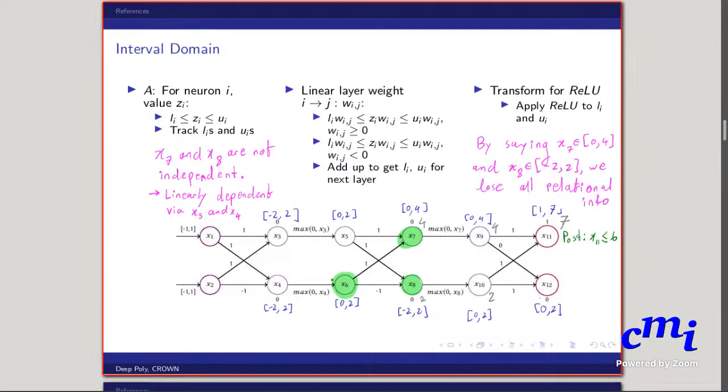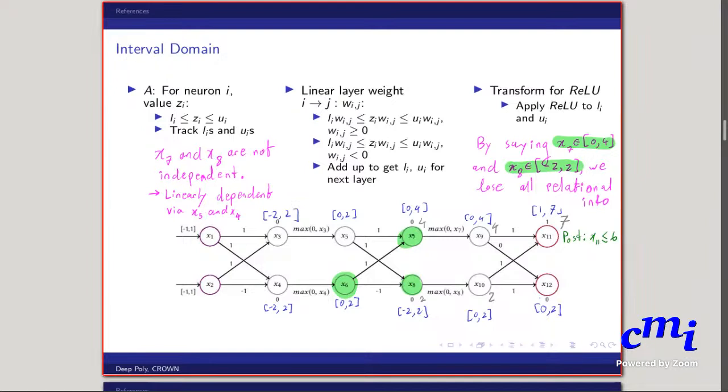And those relations are precisely given by both of them being simultaneously dependent on x6, right? So at least in this example, you can interpret the failure of our interval domain as being because the relationships between x7 and x8 are being lost. By just saying that x7 is in [0, 4] and x8 is in [-2, 2], you are losing all of this nuanced information about x7 and x8, the fact that they're dependent on each other.